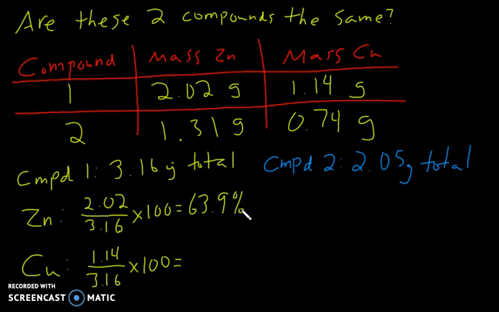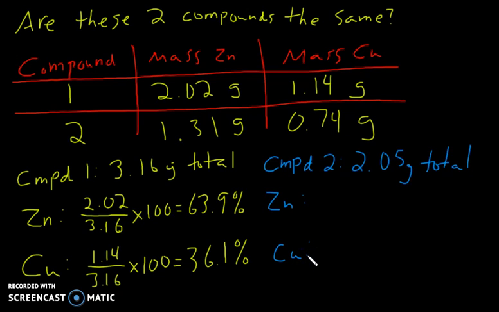And for copper, we do 1.14 divided by 3.16 times 100, and we should get 36.1% copper. So if these two compounds are the same, then those percentages should be the same for the second compound as well. So let's go ahead and do zinc and copper for compound 2.